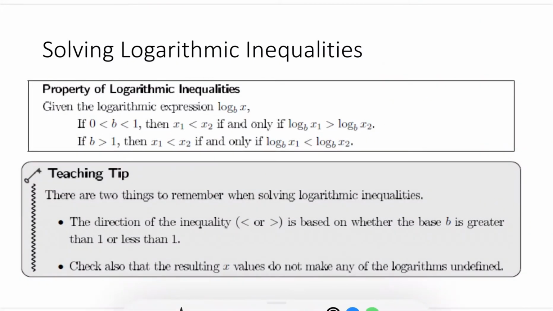So this one and this one. x1 is less than x2 if and only if this is satisfied. So the direction of the inequalities are opposite if the base is between 0 and 1. But if it is greater than 1, the direction of the inequality stays the same.